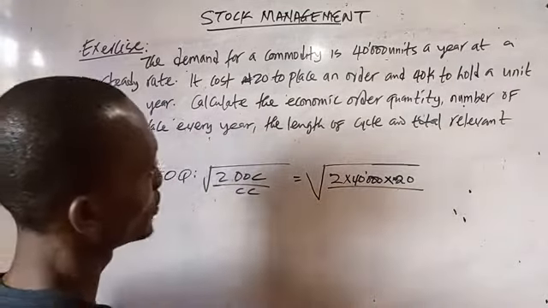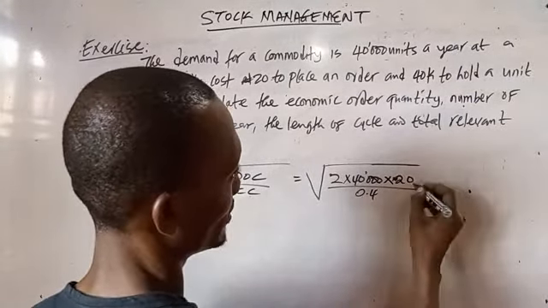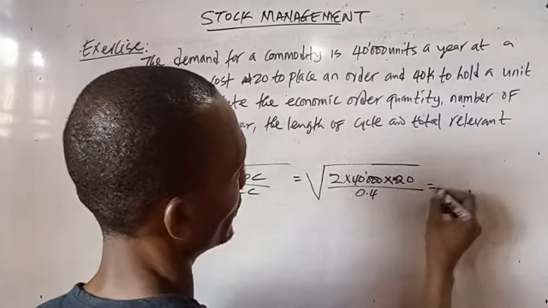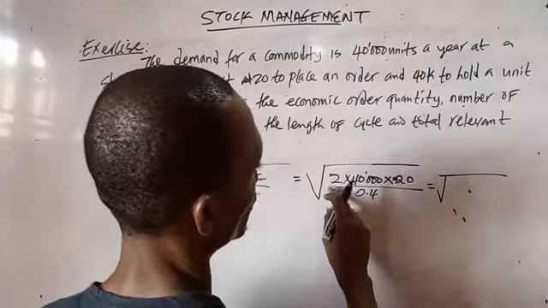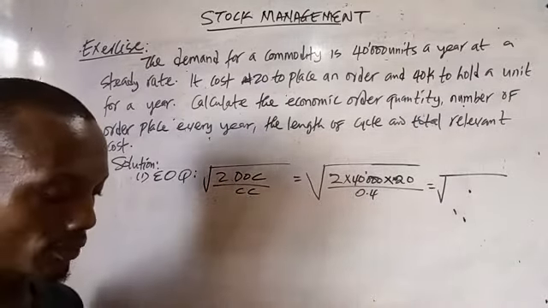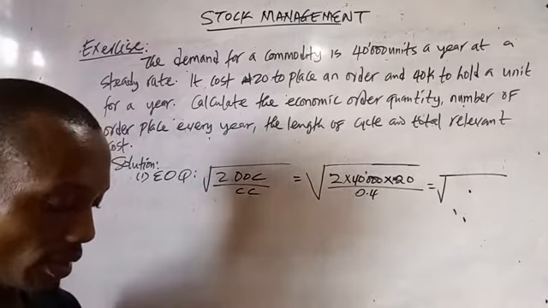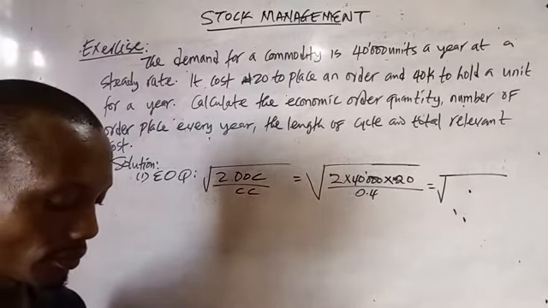It is 0.4. So that is it. Therefore, you have the square root of 2 times 40,000 times 20, over 0.4. So let's do the calculation here.